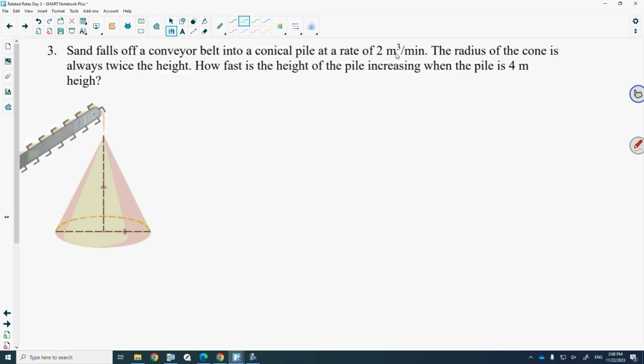What rate did they just give me? If it's in meters cubed, that's the volume of this cone. So the rate at which the volume of the cone is piling up, so the rate at which the volume is changing with respect to time is 2 meters cubed per minute.